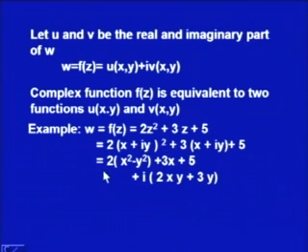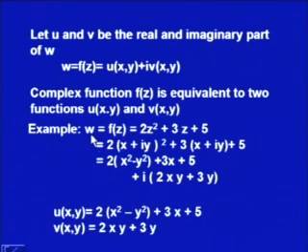Simplifying this, it is 2 (x square minus y square), the real part coming from this expression, plus 3x plus 5, and then i times (2xy coming from this plus 3y) is the imaginary part. So this way we write the function w as consisting of real part u(x,y) equal to 2 times (x square minus y square) plus 3x plus 5, and the imaginary part v(x,y) is 2xy plus 3y.